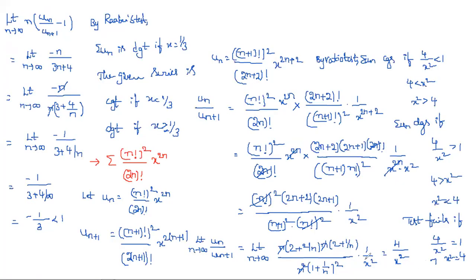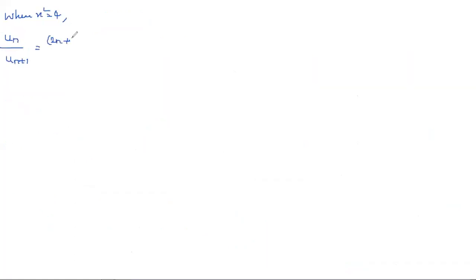If x square is equal to 4, then what about un by un+1? Un by un+1 is equal to, so here it has (2n+2)(2n+1) by (n+1) whole square into 1 by x square.